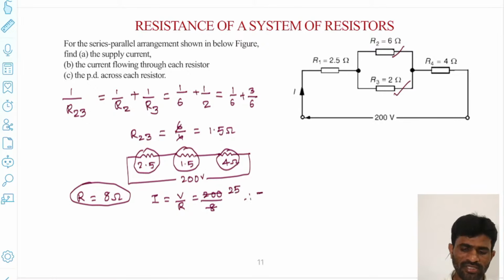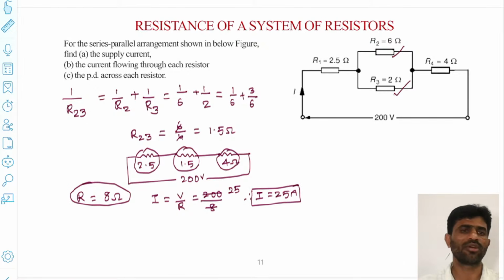Therefore, the current I is equal to 25 amperes. Hope you understood what the total supply current is and how to find it. Now, after this, we have to find the current flowing through each resistance. How can we find the current flowing through each resistance?